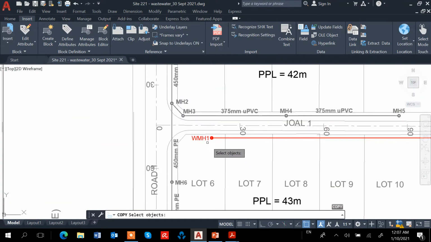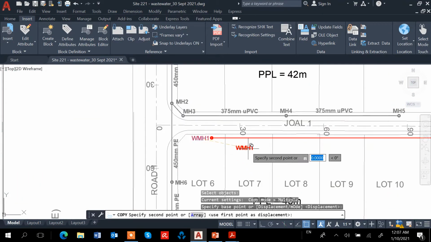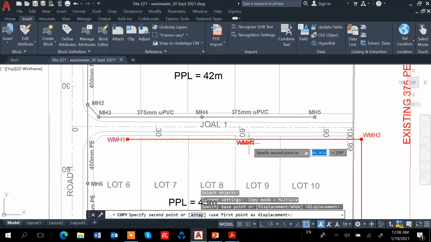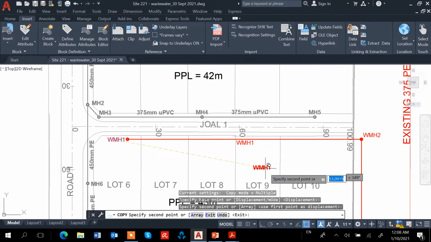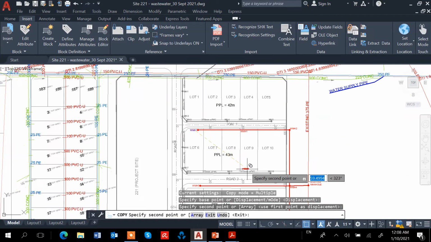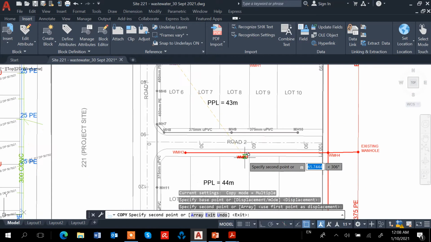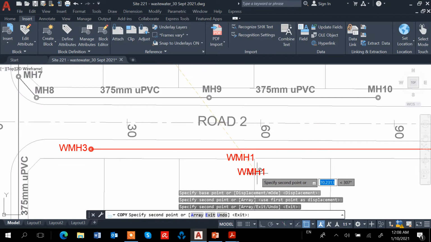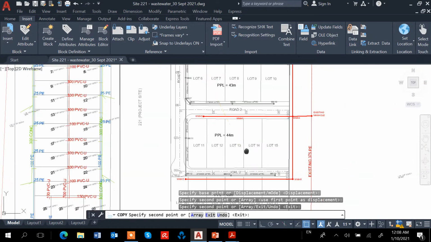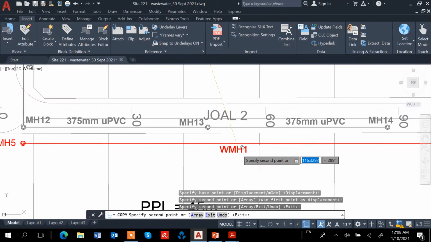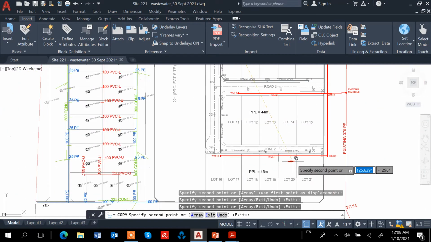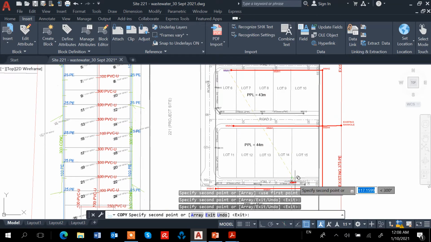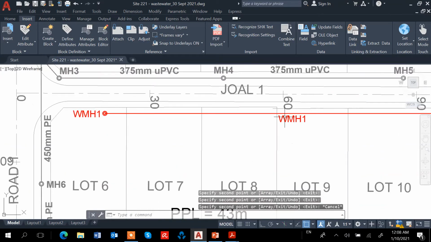I'm going to use the UPVC pipe, but I don't know what size. It has to be minimum 150. Okay, but I need to double check later on by some calculation. So I don't know what size yet.